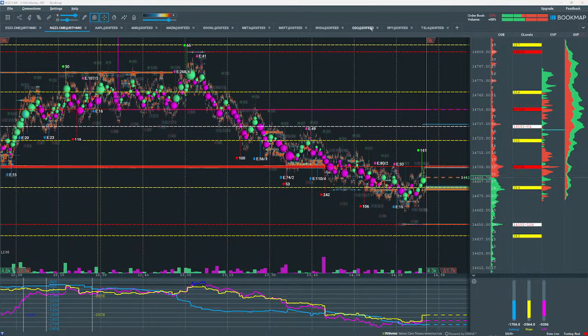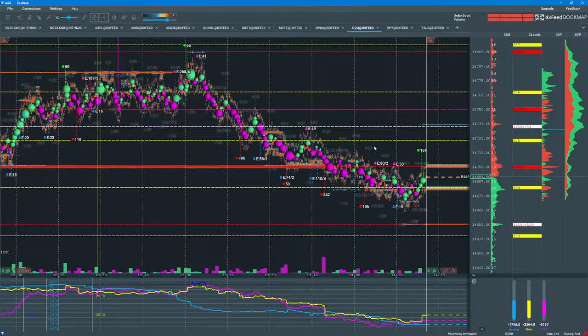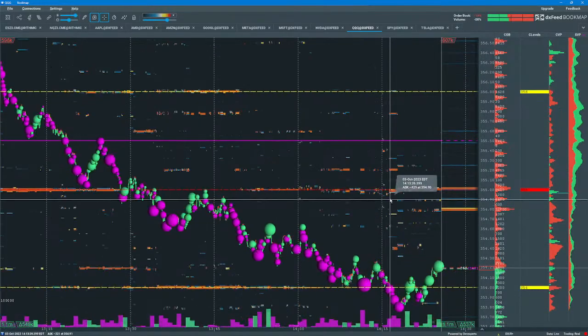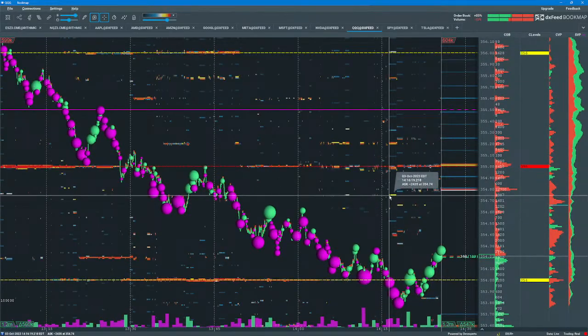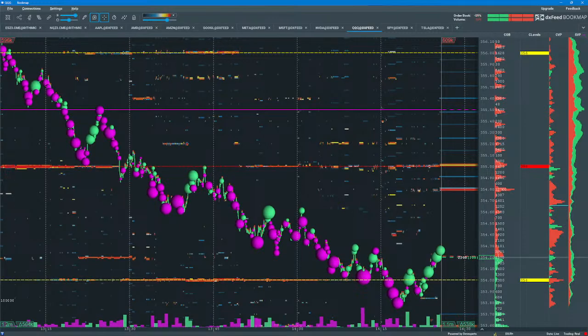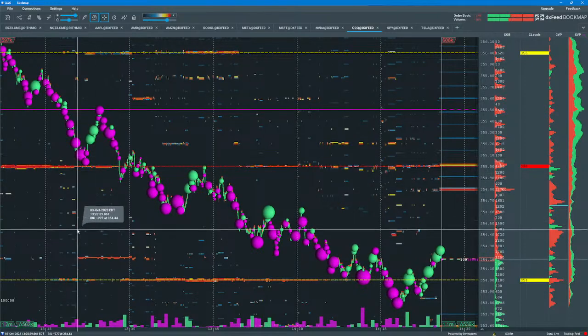Let's take a look at QQQ. All right, so some aggressive buyers are coming in to QQQ as well, right around that 354 level.